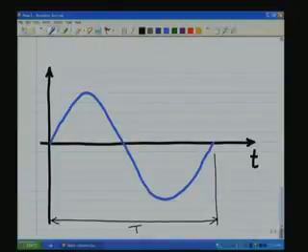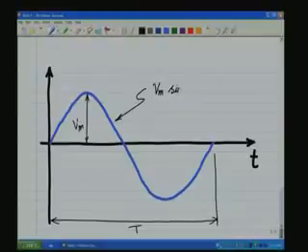Now this waveform, called the sinusoidal waveform, is characterized by a peak amplitude Vm, and this whole equation is given as Vm sine 2 pi by T, that is the period T, into the time.